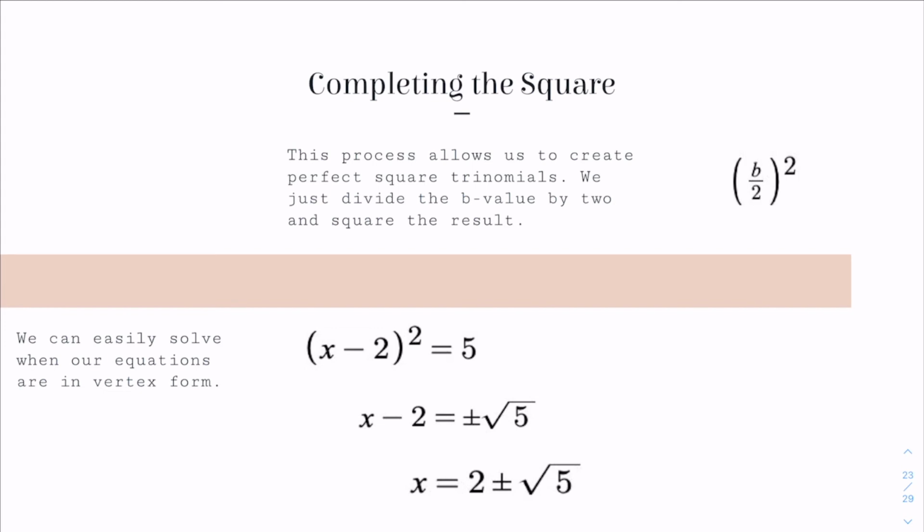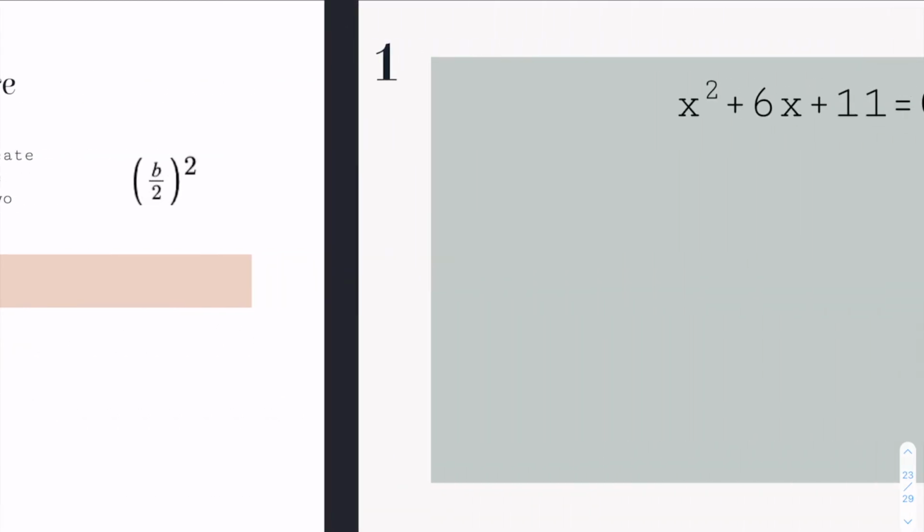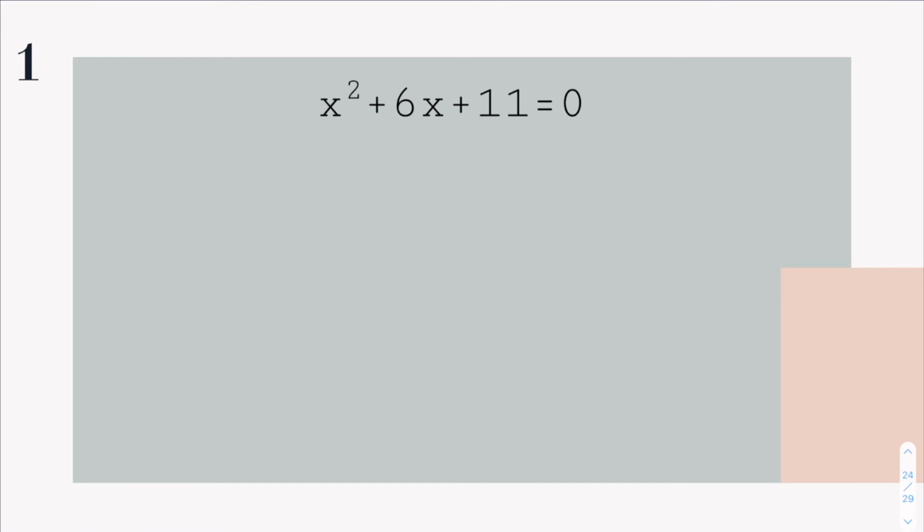So let's see what that looks like. All right, so here we have our standard form set equal to 0. And so since we're solving, we're going to go ahead and move our 11 over. So we're going to subtract 11 from both sides.